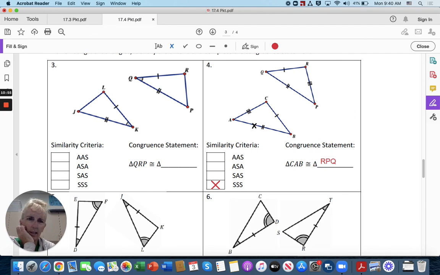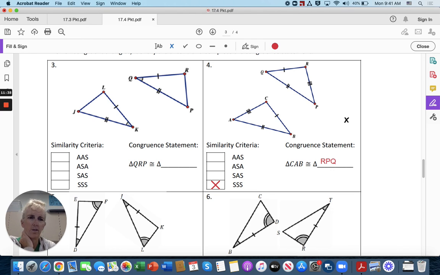So we could say that angle C is congruent to angle R. P is congruent to A, and B is congruent to Q. Even though it doesn't look like they're congruent, they don't have to be drawn to scale. You have to go by these. So even though this looks longer than this, since they have the congruency sign, it means CB has to be congruent to QR. Okay. All right, and that also means AB is congruent to QP there, and so forth.